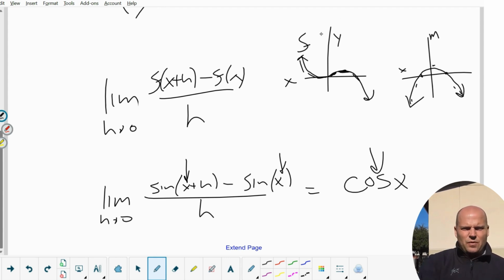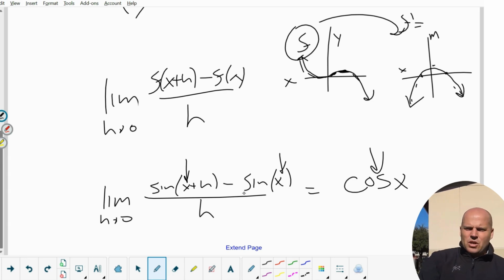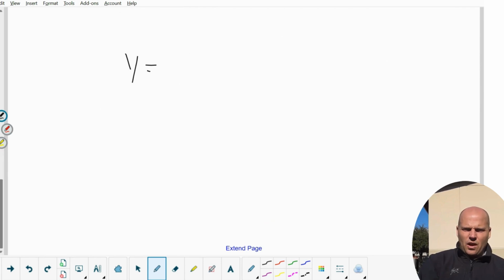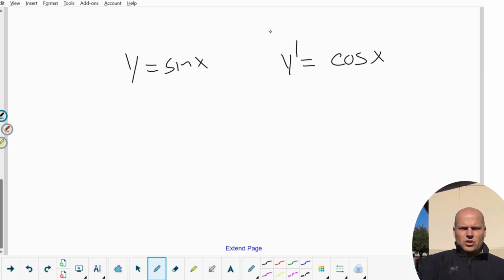And if we have an f, our goal is to find the f prime equation so that we can plug in an x and get an m. So this is kind of like what I did with sine. The slopes of sine at x values will be given by the cosine function. This is called the derivative. This is y prime.